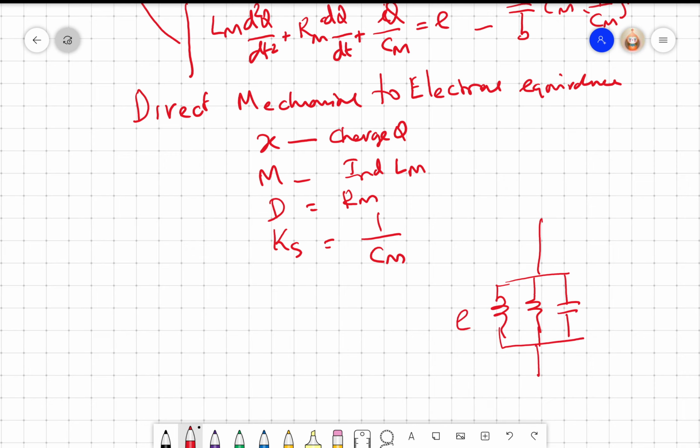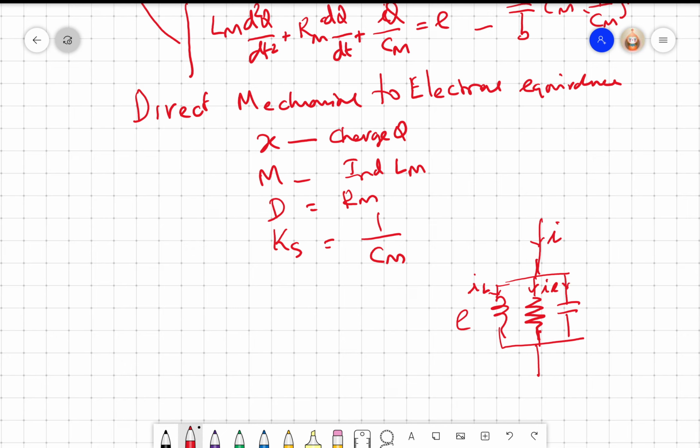I have EMF E, so I have current I flowing in the circuit. This is IL, this is IR. I'll have to make it look like a resistor, right?